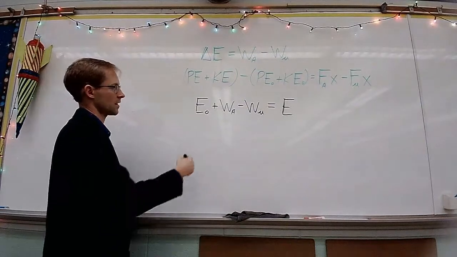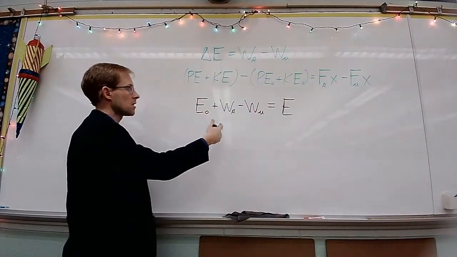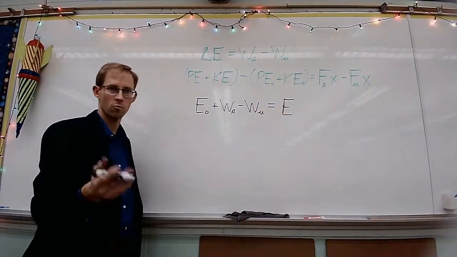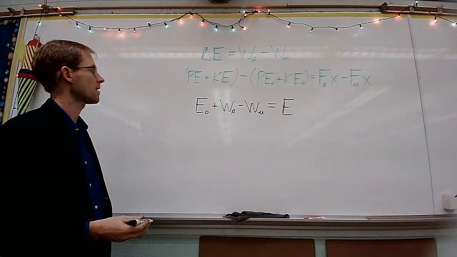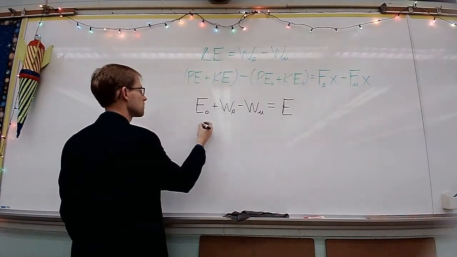So like I said, it kind of tells a story from beginning to end. You start with some sort of energy. You either add some or you take some away, and then you're left with whatever you have left over there. And I'll just describe this one more fully like I did up top too.